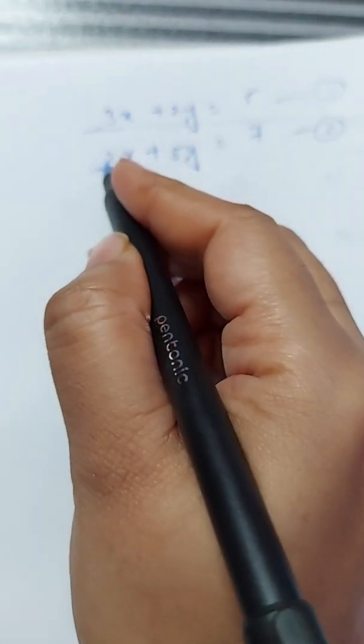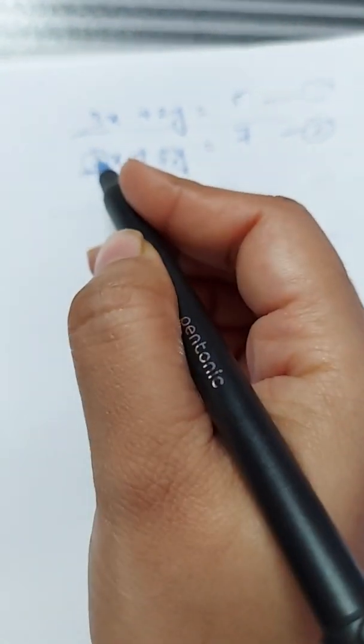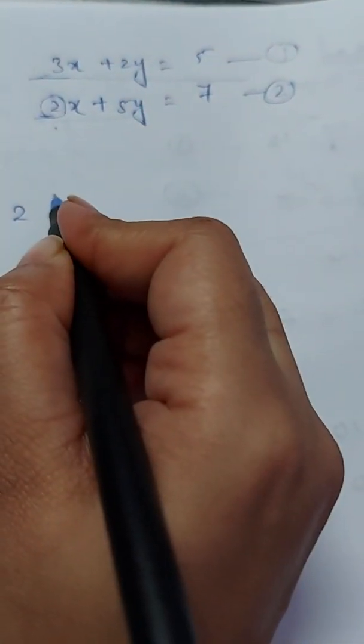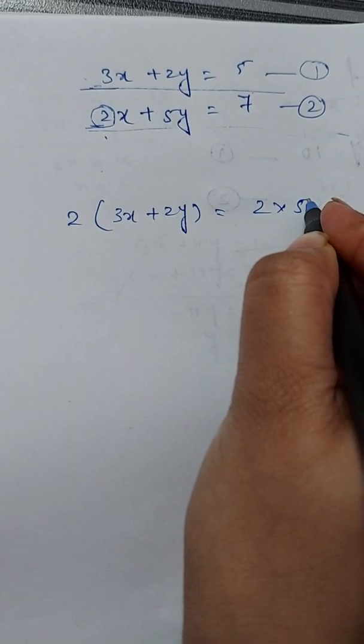Which means we have to multiply by 2 in equation number 1, that is 2 into 3x plus 2y is equal to 2 into 5.